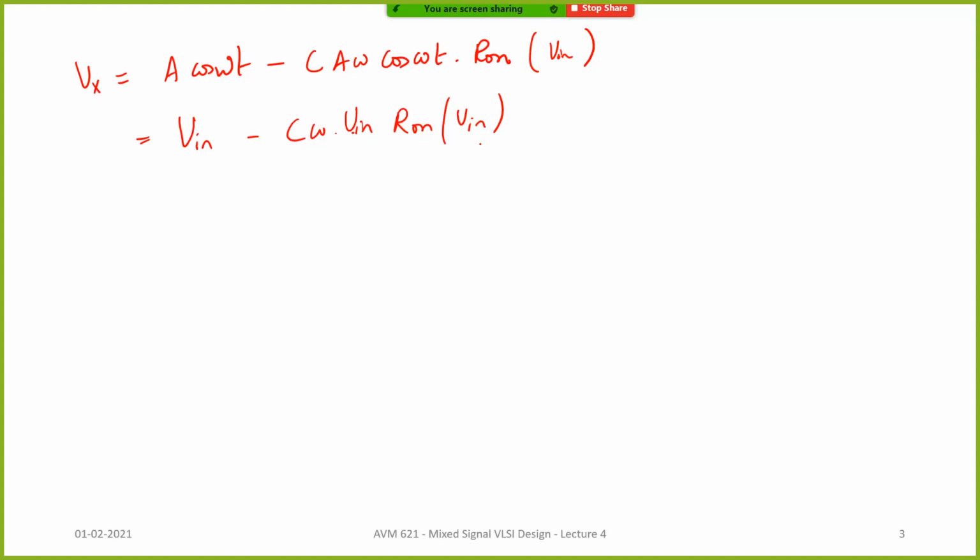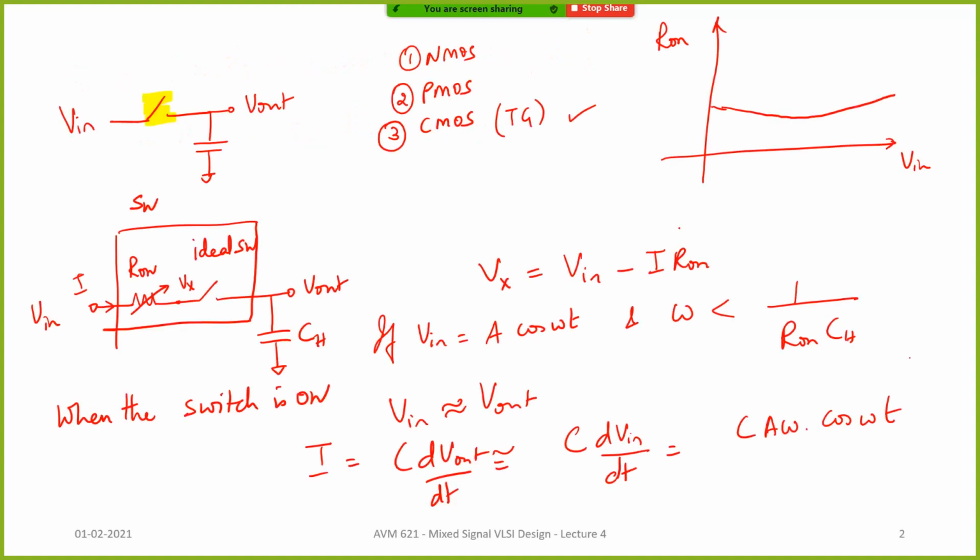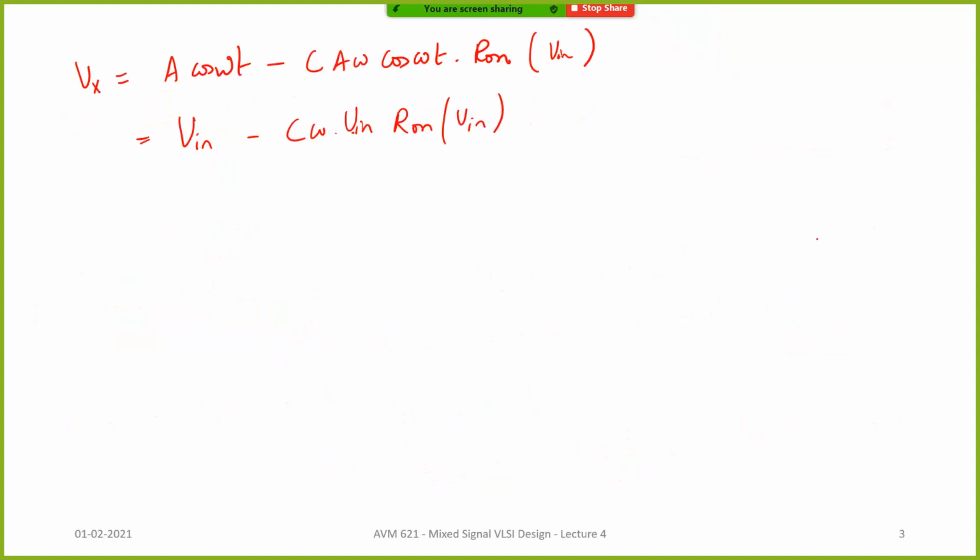Now, when we say that this R on has a dependence on Vin, we can write any curve as a function, basically expressing it as a polynomial.